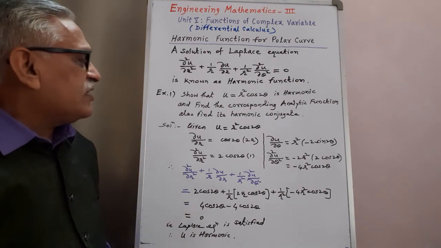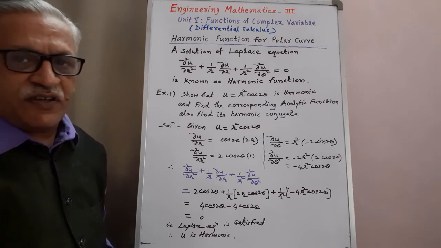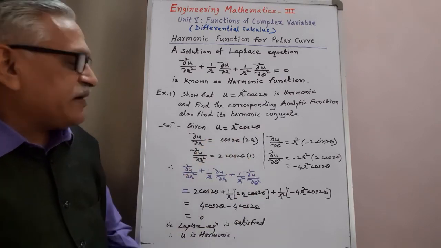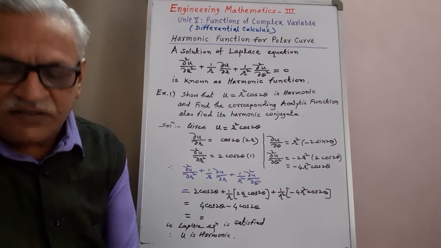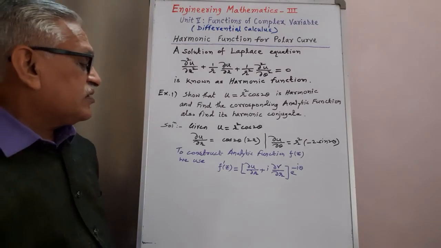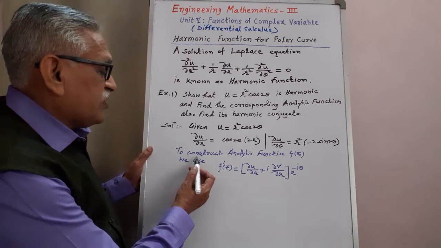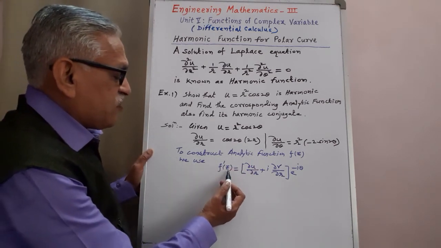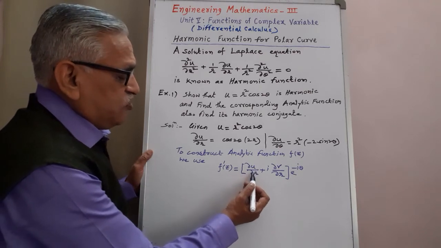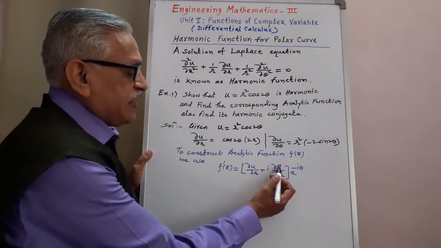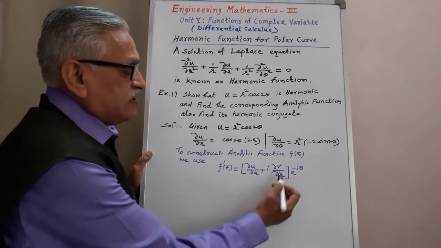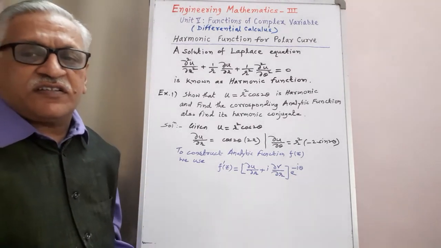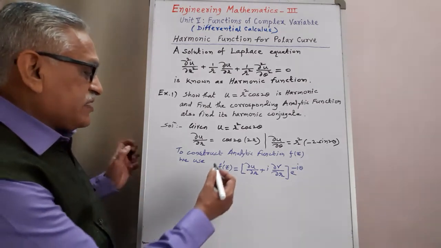In second part, we try to find out analytic function, and using that analytic function, we can determine third part, that is harmonic conjugate. To construct analytic function f(z), we use this relation f'(z) = (∂u/∂r + i ∂v/∂r) multiplied by e^(-iθ). Using this relation, we can determine that f(z).